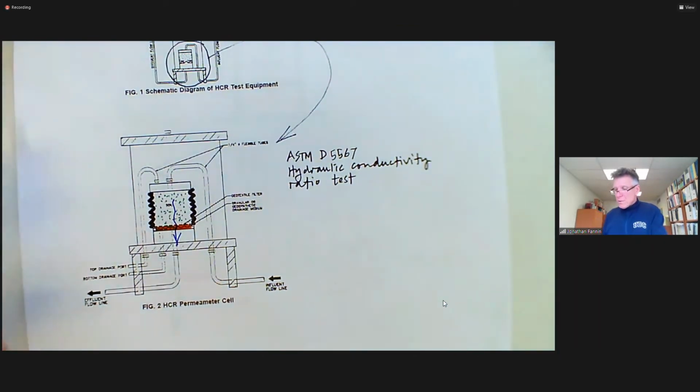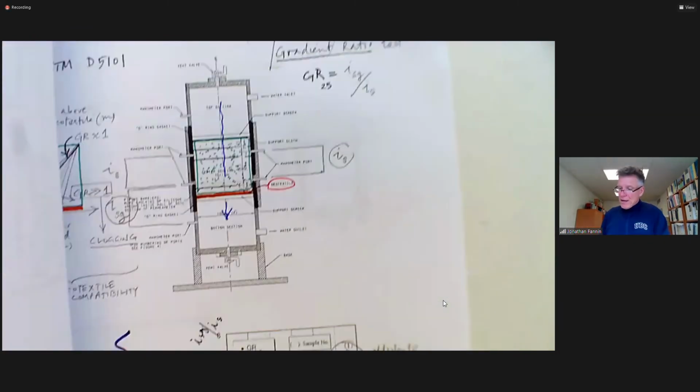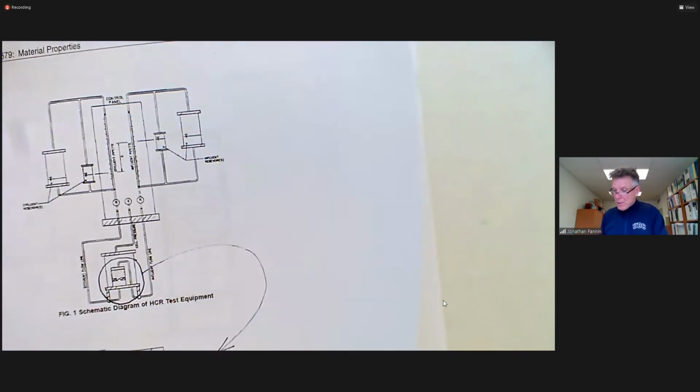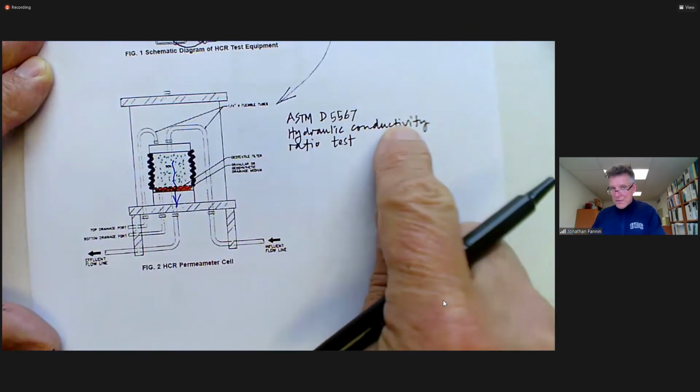So it's not a hydraulic gradient ratio, it's a hydraulic conductivity ratio.